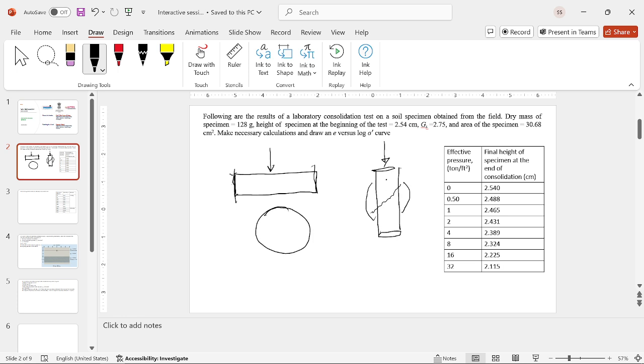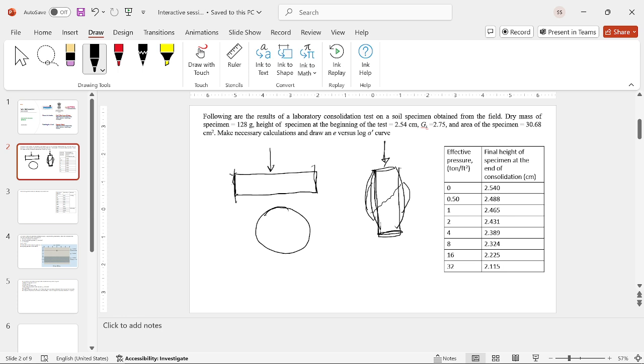If you remember, in the triaxial test, we have a membrane surrounding the sample, but the membrane is flexible such that when we load this, it can bulge outwards.